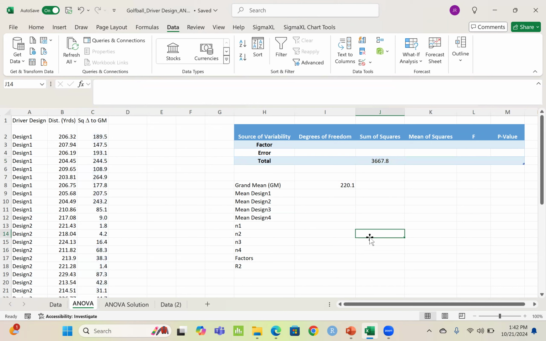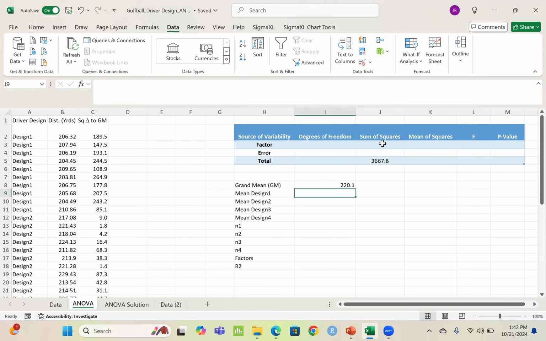Next, I need to calculate the sum of square for the factor, which goes over here. So how do I do that? If you remember, I mentioned that for each of the designs, I need to calculate the mean.